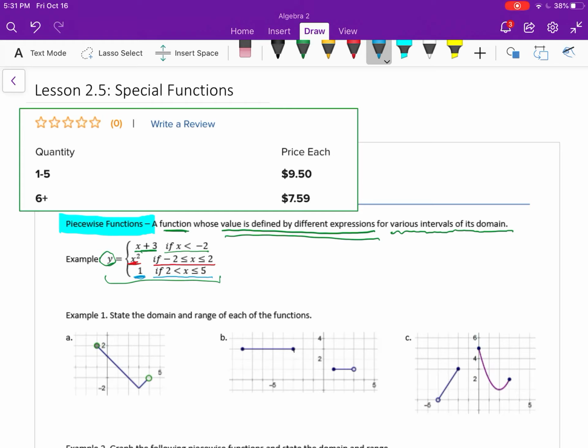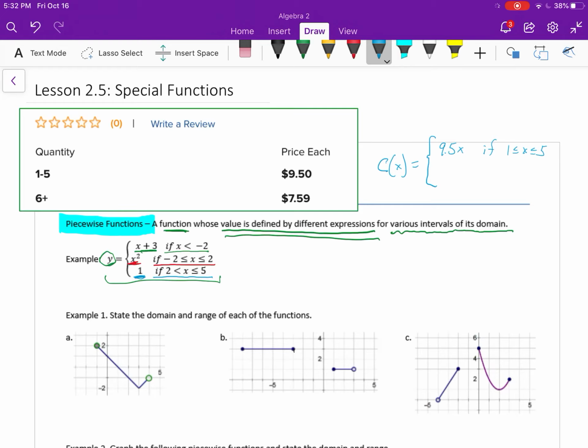$7.59 each. And so this is an example of a piecewise function because if your total cost, let's say C of x, and x is the number of compasses you buy, is going to equal 9.5x, $9.50 times how many you buy, if x is between 1 and 5.